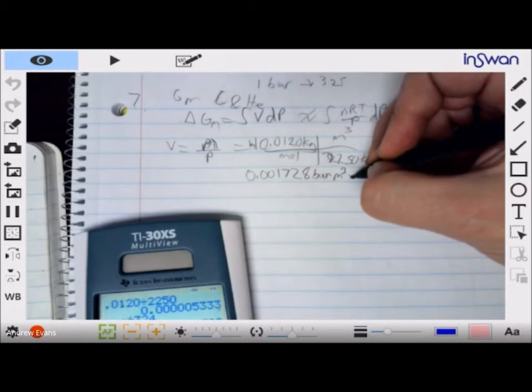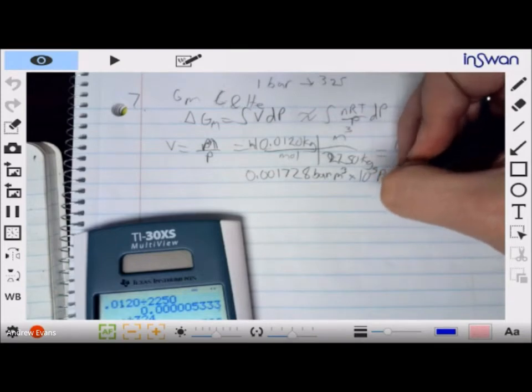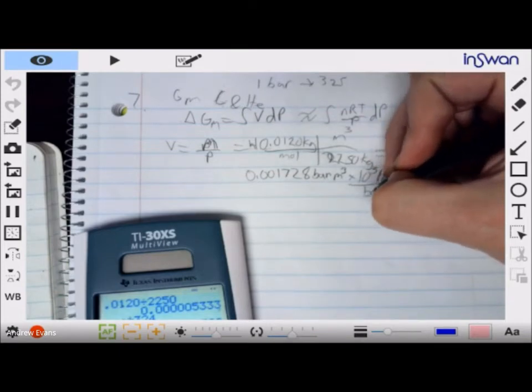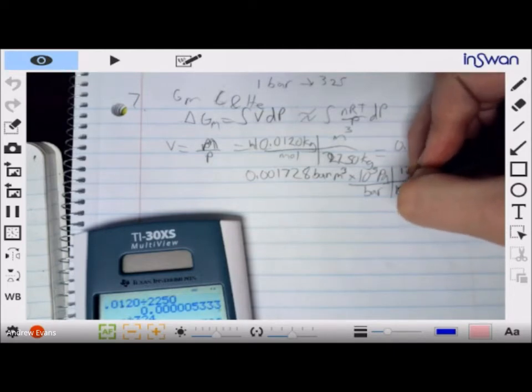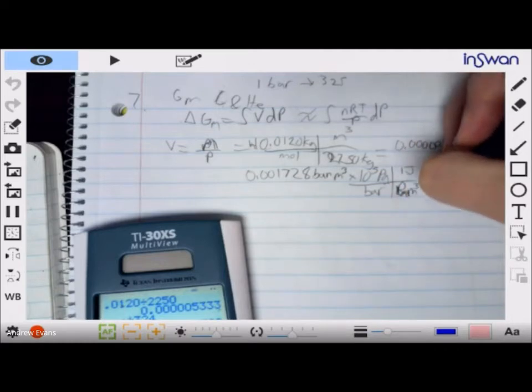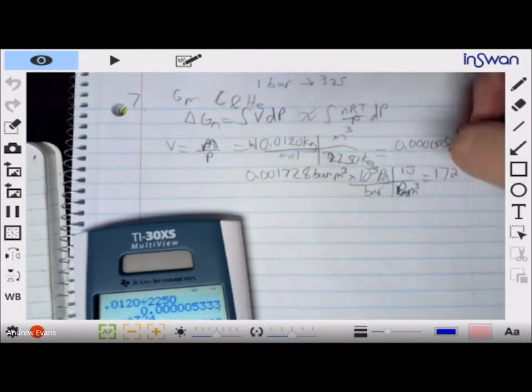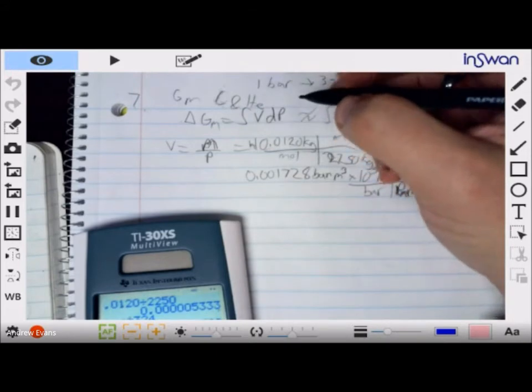You want Pascal per meter cubed to equal 1 joule, and there are 10 to the 5th pascals per 1 bar, so 1 joule per bar Pascal meter cubed. So what you get is something like an increase of 172.8 joules to compress graphite.